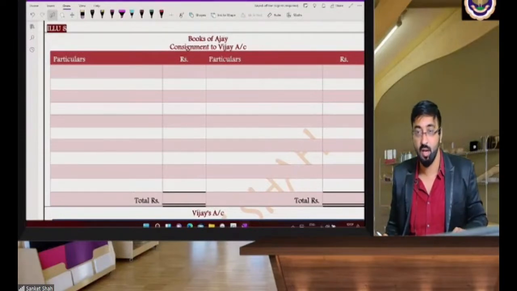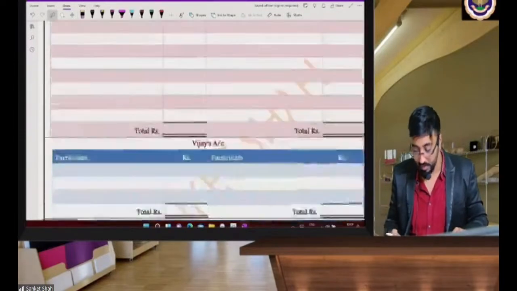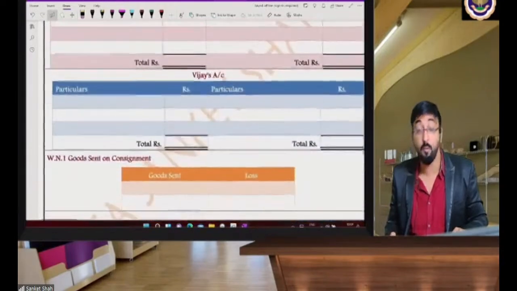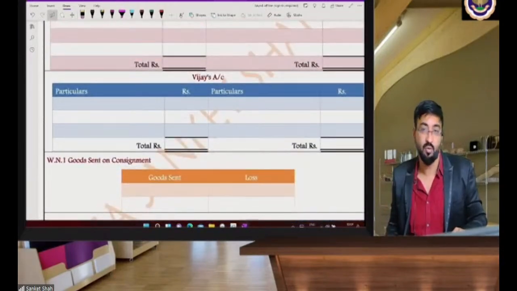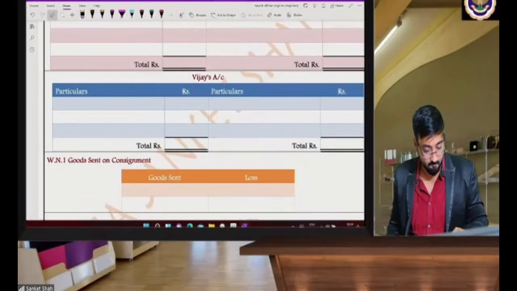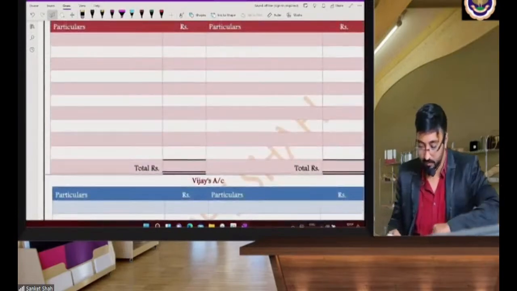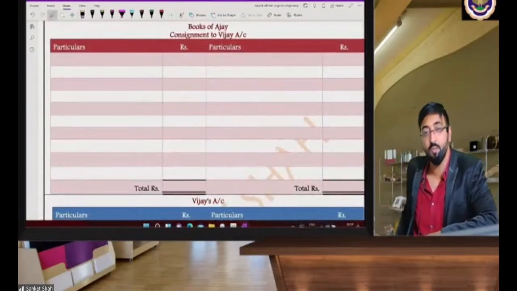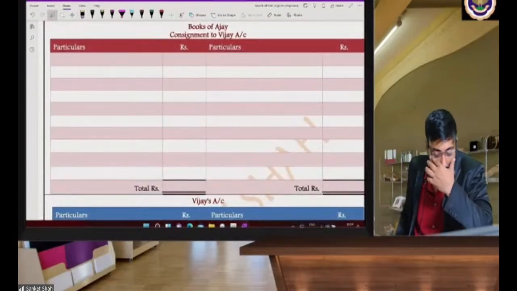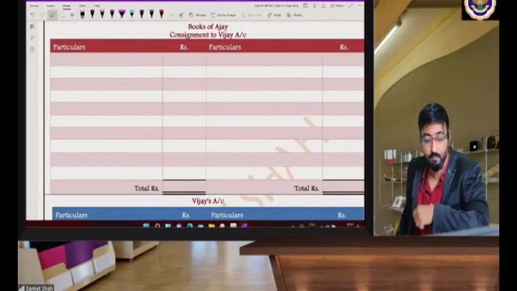Consignment to Vijay account. And after 3-4 lines, 3/4 page, Vijay account. Yes, start.